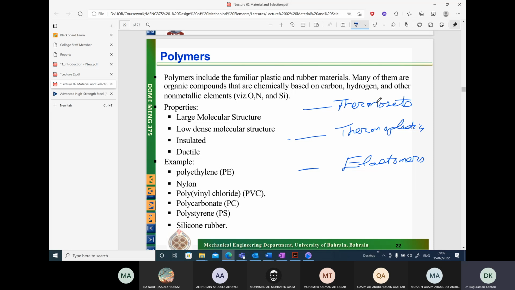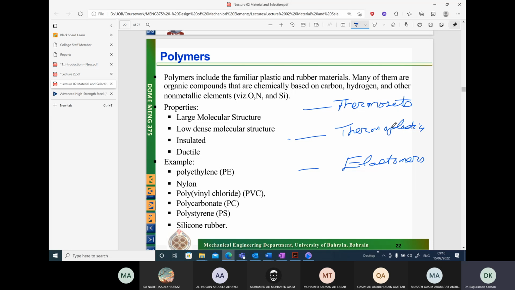Once if you melt it, they form into a particular shape and they are set in that particular shape. If you heat them again, they will burn and become black in color. So these kind of materials are often used in making your switches. Okay, so the switch which we use to turn on your lights at your home, they are made out of thermosets.